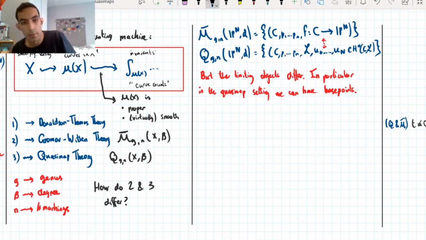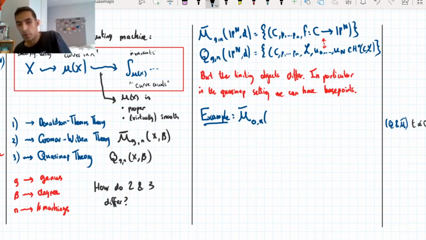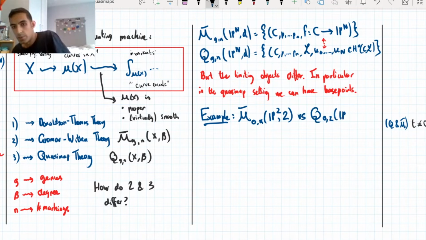Okay, so maybe that was abstract. So maybe I'll do an example. I'm going to think of rational curves, so this g is 0. We're not going to bother with the number of marked points. We'll go to P2 and let's consider degree 2 maps, versus the corresponding Quasimap space.